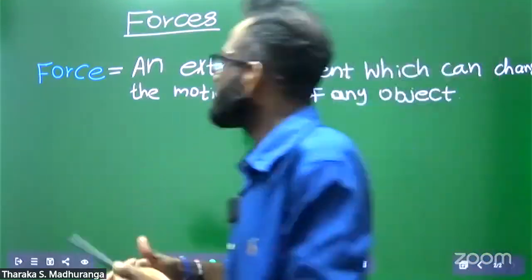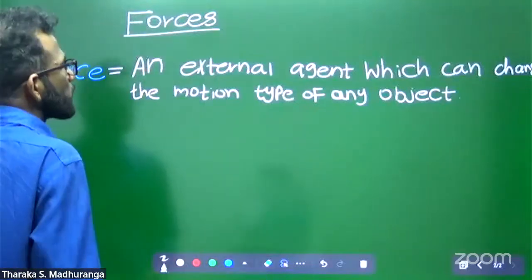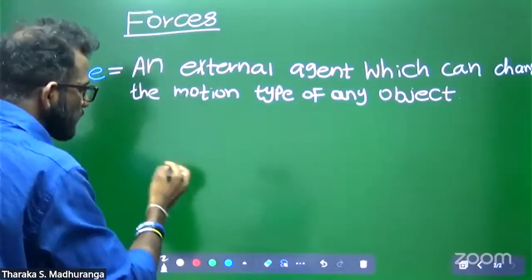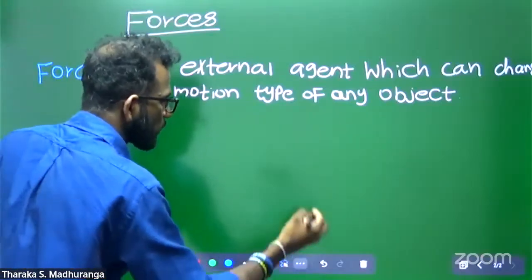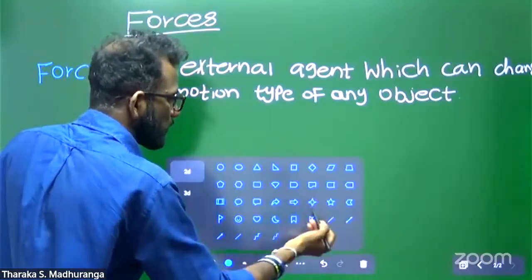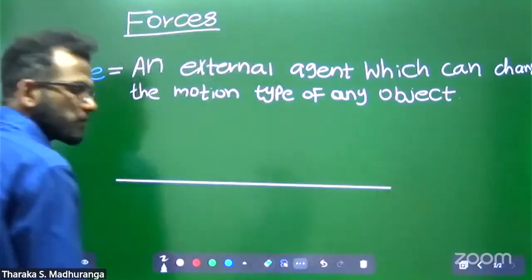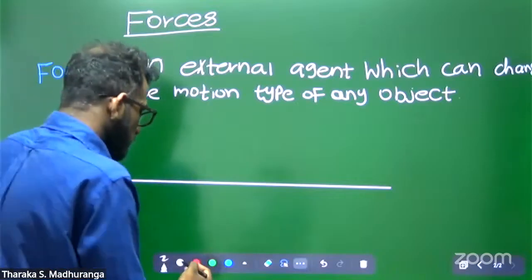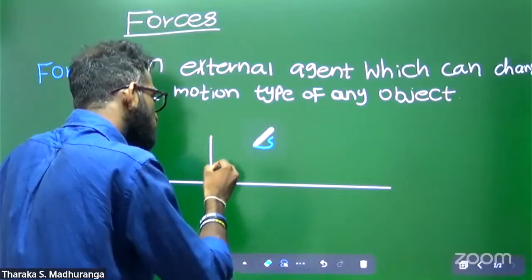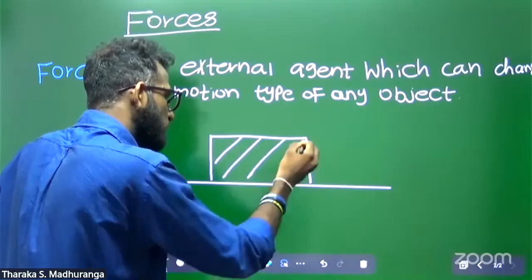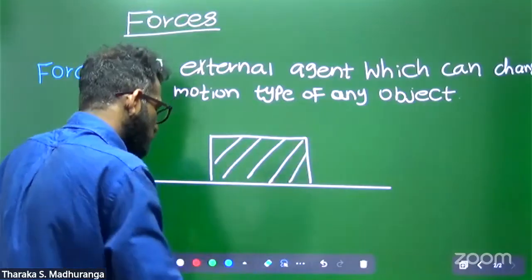Now it is very simple. The force is an external agent. External agent means, think this is a rod, or whatever surface, and there is a box on this surface. That's the object.